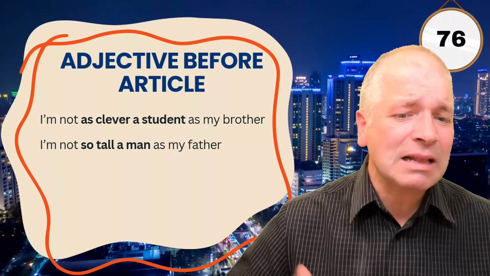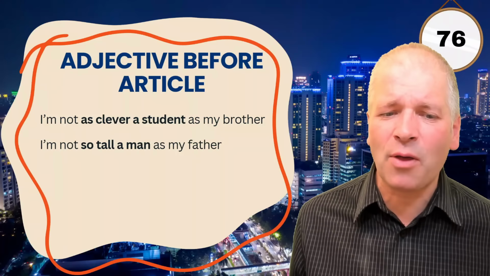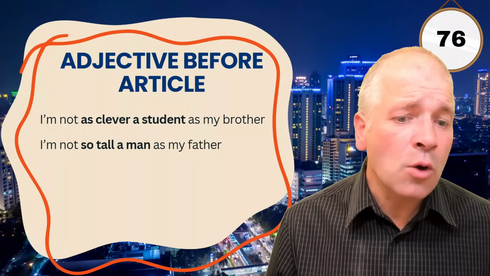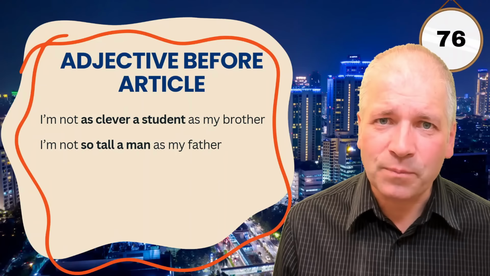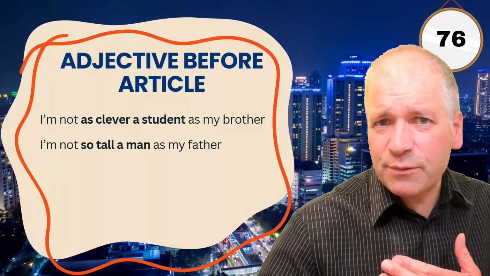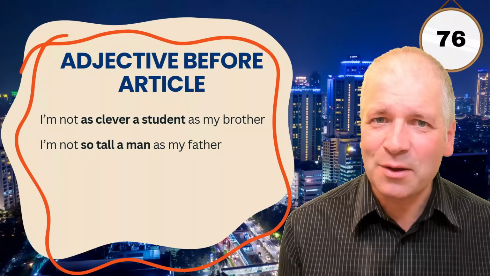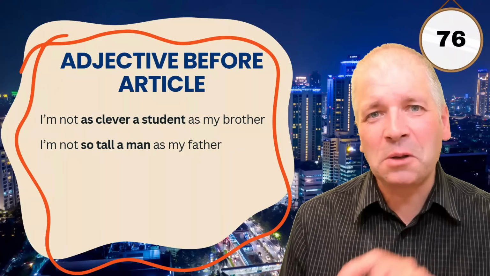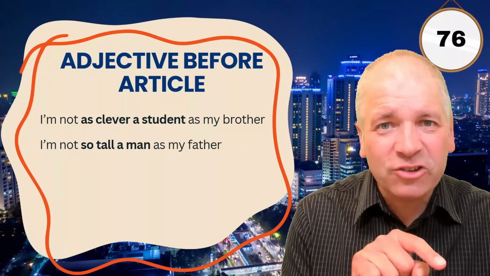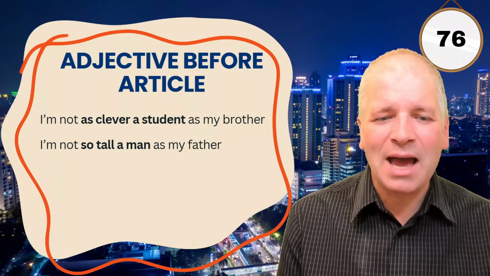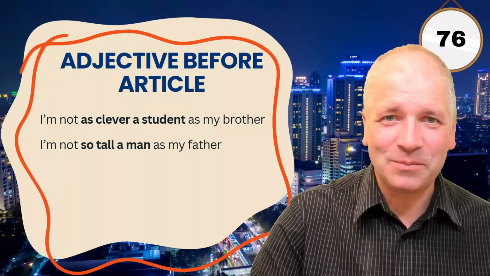I'm not as clever a student as my brother. I'm not so tall a man as my father. So in these comparative structures, we have as or so, followed by an adjective, and then the article followed by the noun. So the rules get switched here in this comparative form, as or so as.